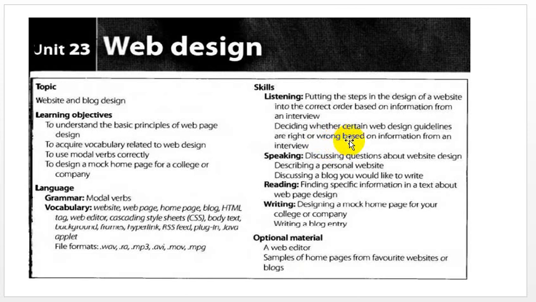Deciding whether certain web design guidelines are right or wrong based on information from an interview. Speaking: discussing questions about website design, describing a personal website, discussing the blog you would like to write.